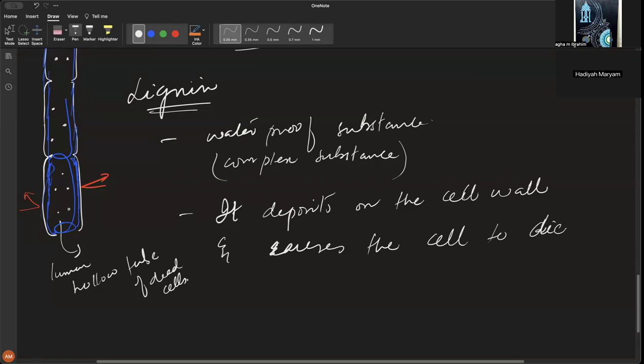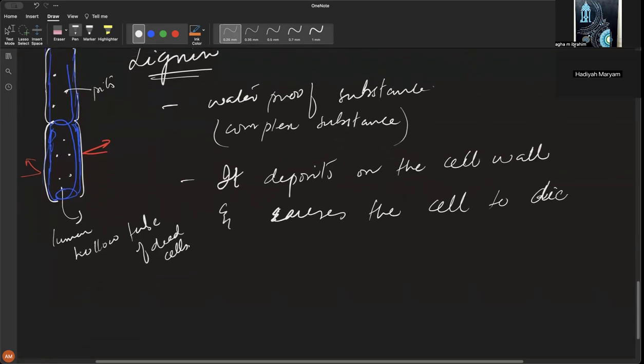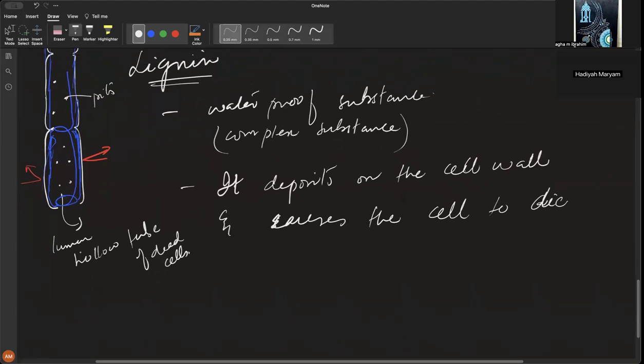The pits become unlignified, and the rest of it is lignified. I'll draw those. So it deposits on the cell wall and causes a cell to die, and that results in a hollow tube.